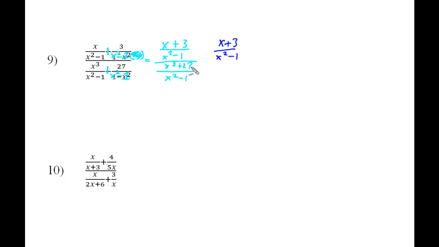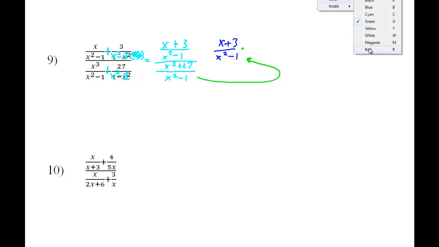Now, what's nice about this is that when I take my denominator, which is green, I'm going to move this up here and make it multiplied. What I'm going to do then is change this to the color red and show you that this problem gets flipped on its head and it becomes x squared minus 1 over x cubed plus 27.